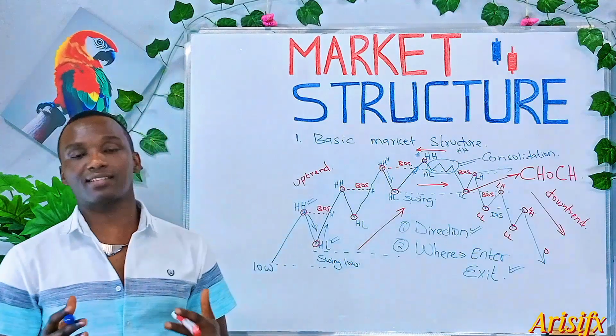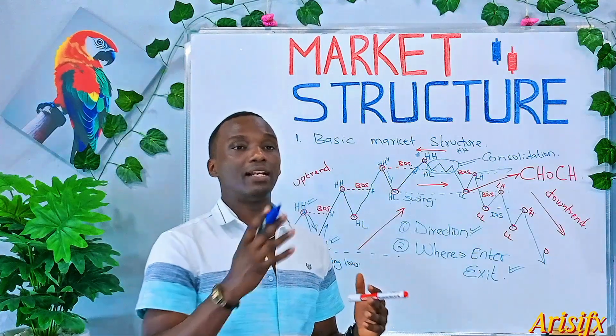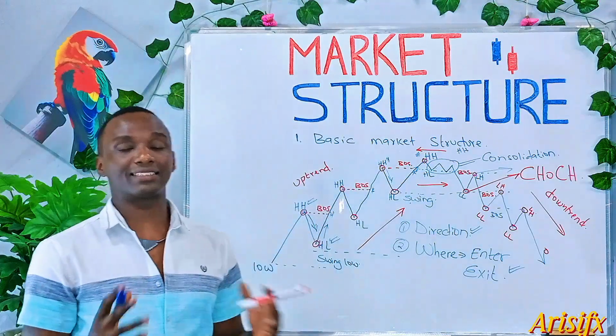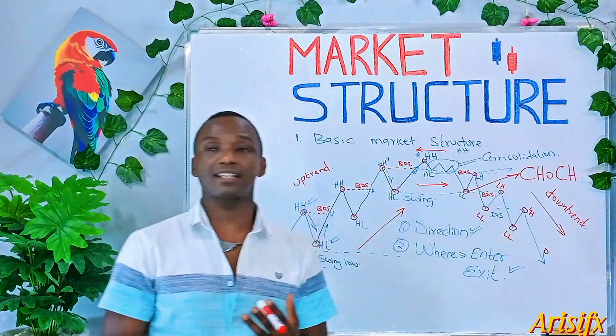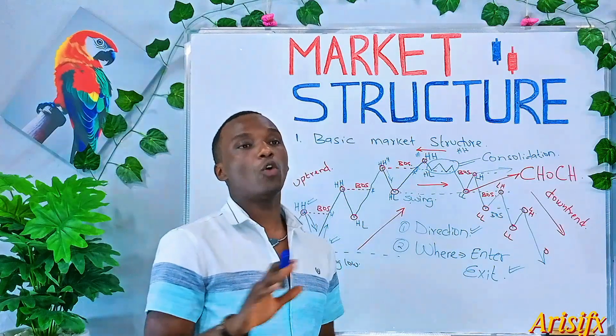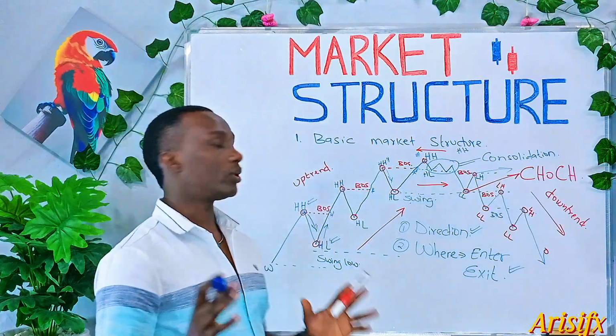And remember, we just said that you will get this if you understand just two things. First is the direction. Second is the question of where. Where should I enter and where should I exit?